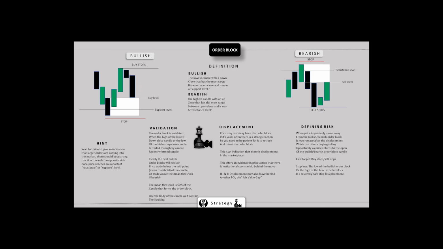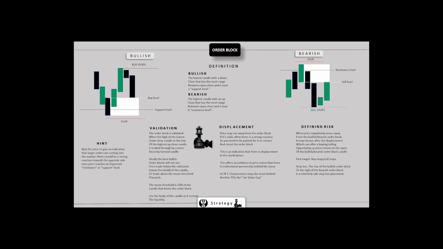If it does, you can confidently close the trade even before it touches your stop loss, because you know what you are looking for and you know how it behaves. The most important thing is to backtest this concept to find how you will trade it.